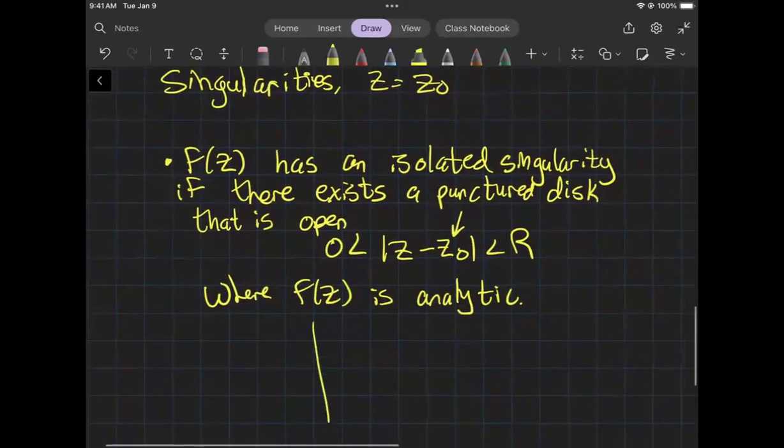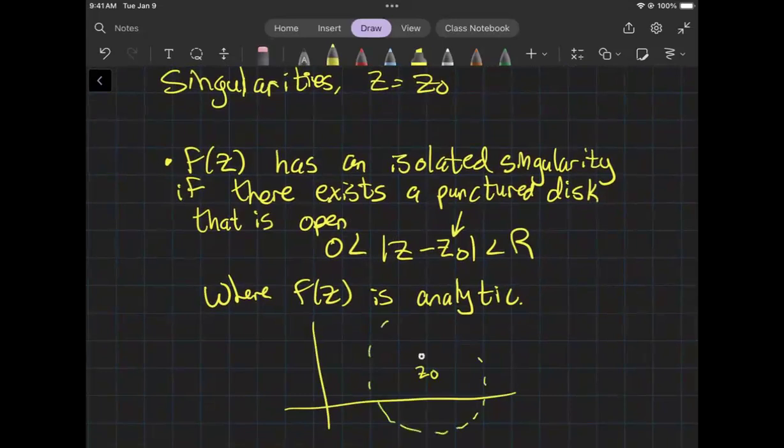Basically, you have z naught, and you're not including the center of the circle, and you're not including the boundary either. So this is what I'm referring to as the punctured open disk.